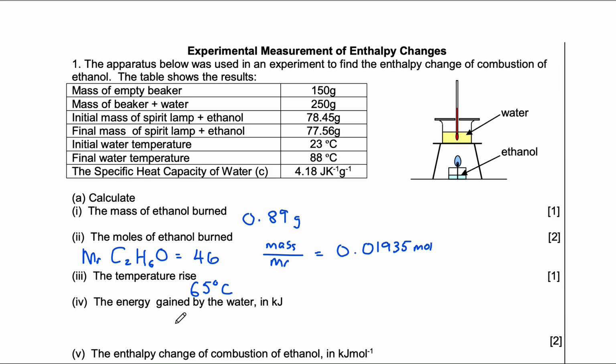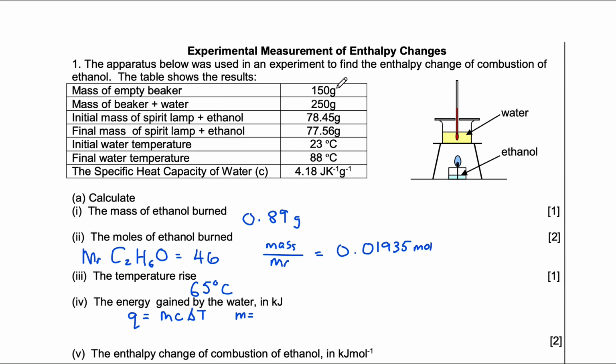It's then asking us to calculate the energy gained by the water. Energy gained is Q, and as we know, the equation for Q is m times c times delta T. Here, m is the mass of the surroundings, and the surroundings is water.